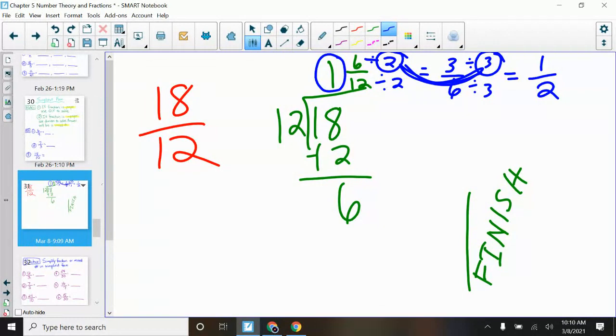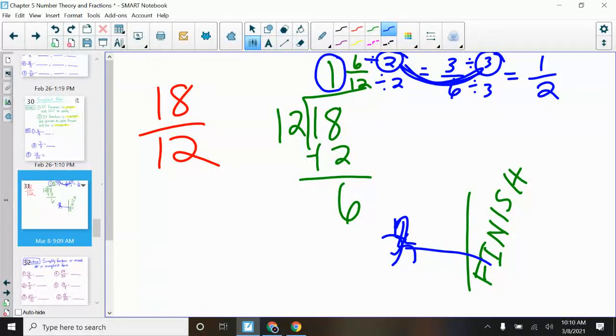That would have been your biggest number. You can still get to the finish line. You just took longer to get there. It was like you decided before you hit the finish line, you were just going to go to the restroom and maybe grab a Coke and then decide to finish. It takes longer, but you can get there.